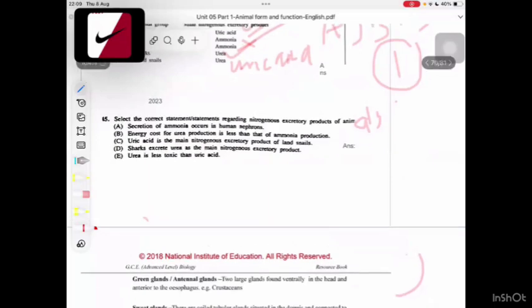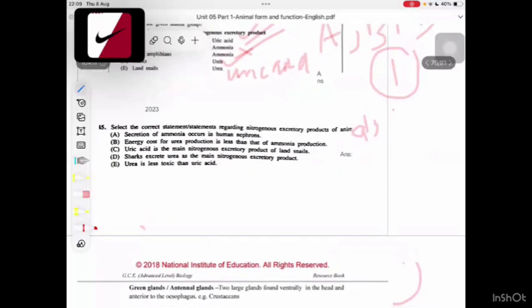Let's keep that for a while. B, energy cost for urea production is less than that of ammonia production. No, energy cost for urea production is actually higher than ammonia production. You need more energy, right? Therefore, this answer is wrong.